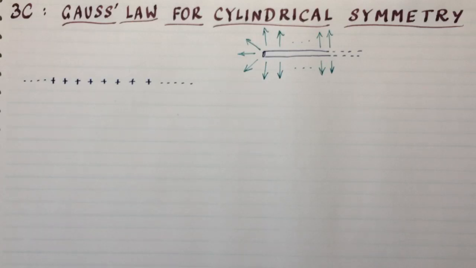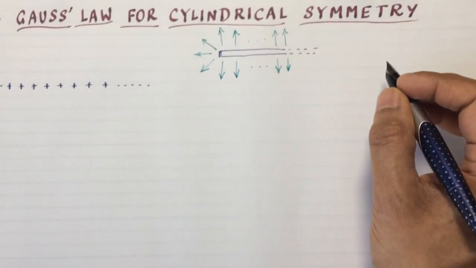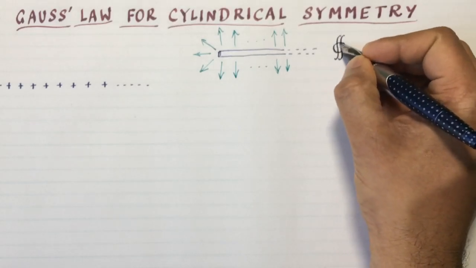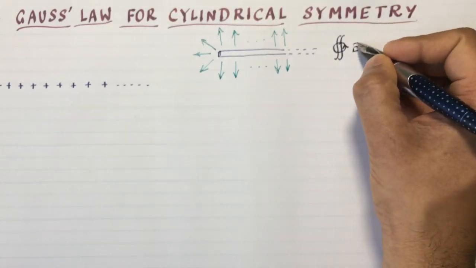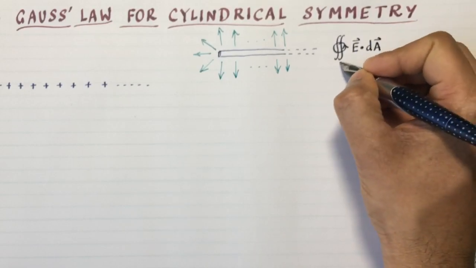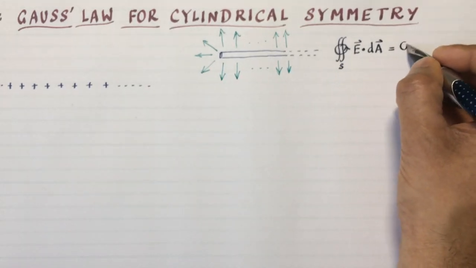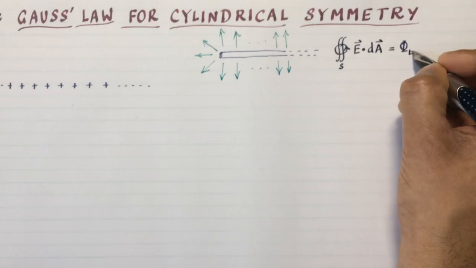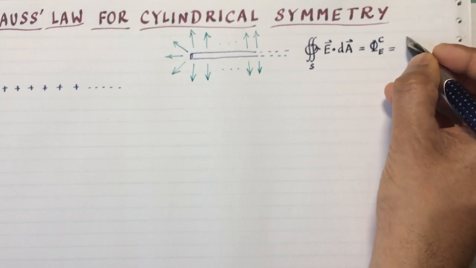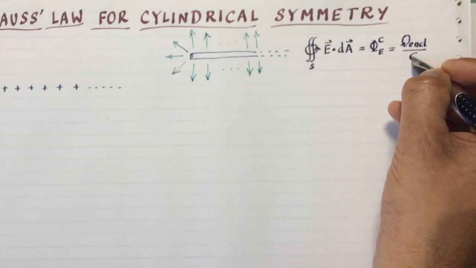Let's recall what the law of Gauss says. It says that the enclosed flux, which is given by the oriented double integral of the electric field dotted with the area vector at every point on the surface S, known as the Gaussian surface, that quantity, which is called the electric flux, phi E closed, is equal to the enclosed charge by that Gaussian surface, whatever charge is enclosed, divided by epsilon naught.